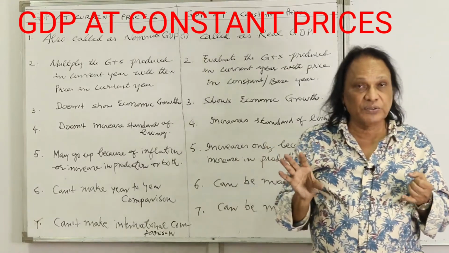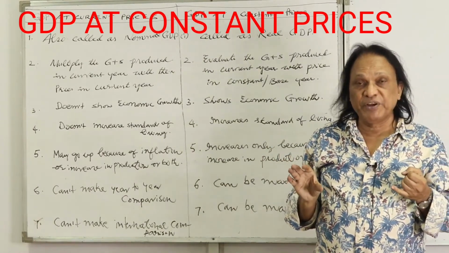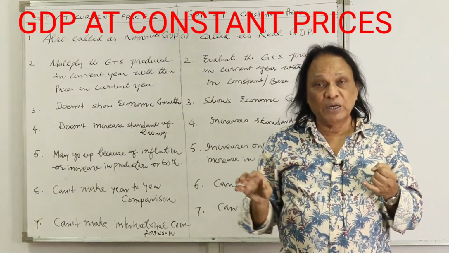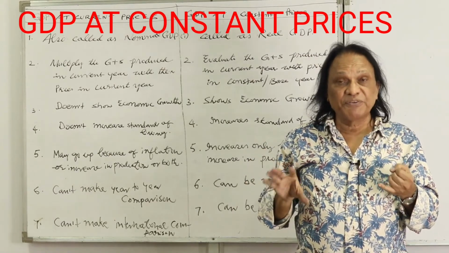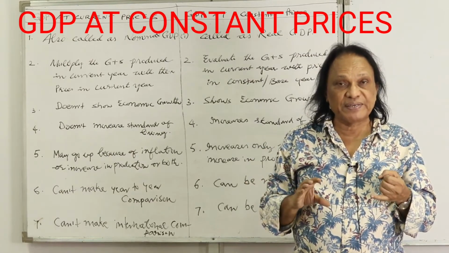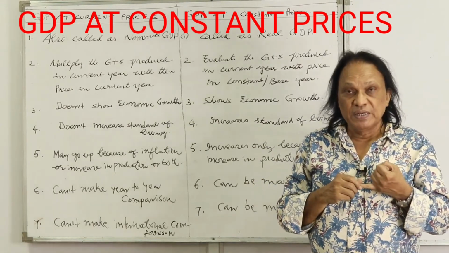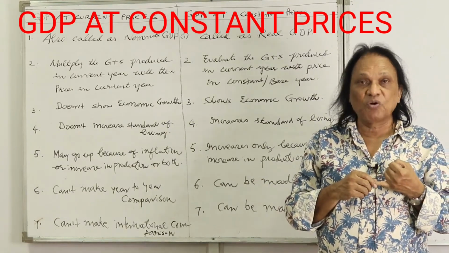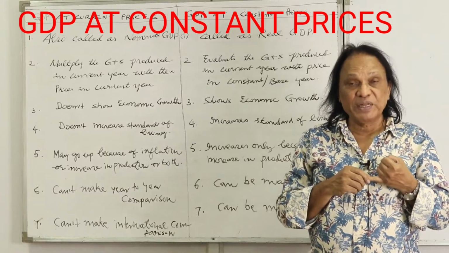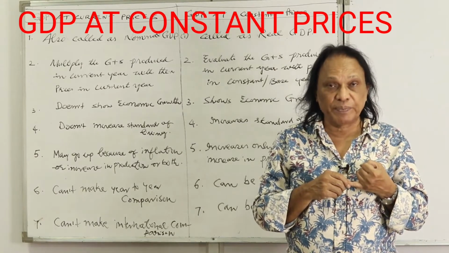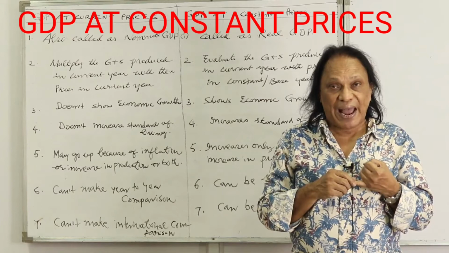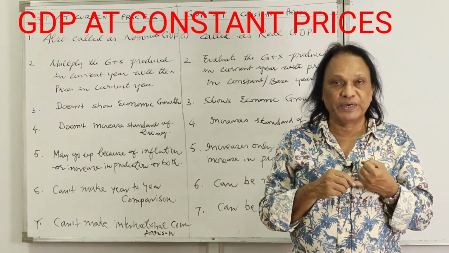In case they ask you to differentiate between real GDP and nominal GDP, or between GDP at current prices and GDP at constant prices, the first point will be: GDP at current prices is also called nominal GDP. GDP at constant prices is also called real GDP.